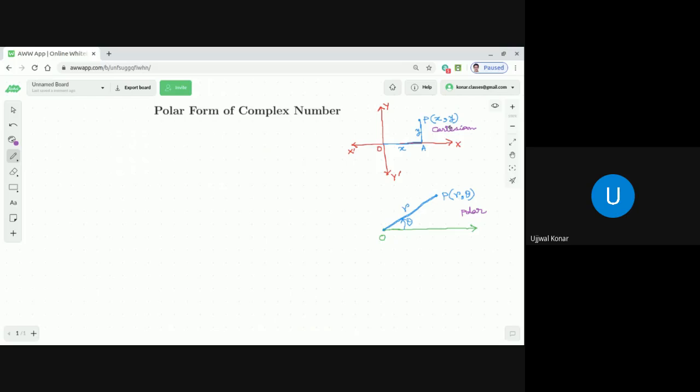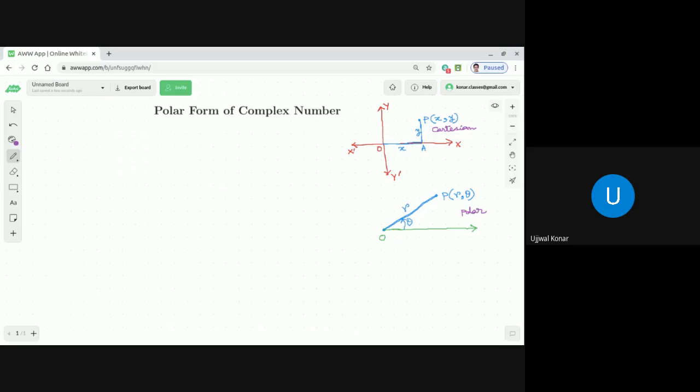Now, dear students, look into it very carefully: with just one parameter, you really cannot represent a point uniquely. For example, in the Cartesian coordinate system, if instead of the ordered pair (x, y) I give either x or y only, you are not able to represent that point in the plane uniquely.